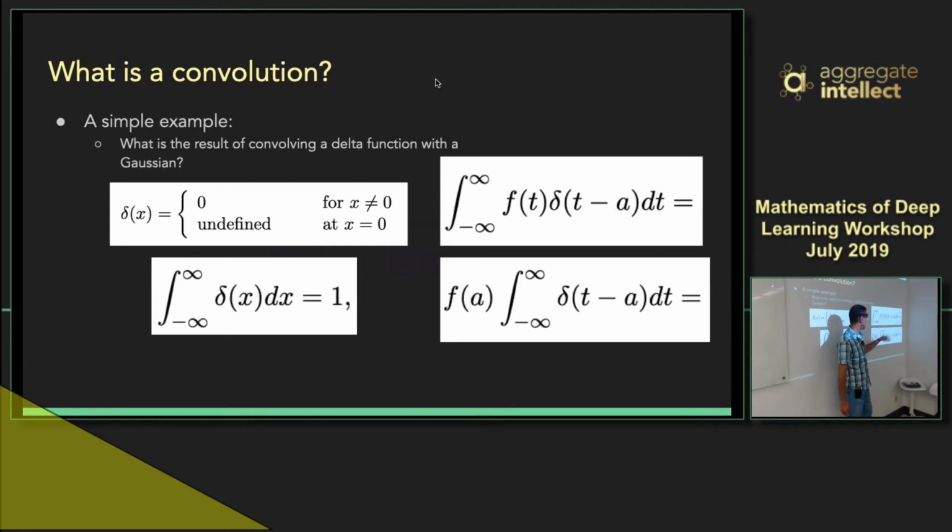That's 1, right? So that gives me this function f at point a. Now I start shifting it to different values. a goes from minus infinity to plus infinity, and that tells me that the result of convolving any function with the delta function is that function itself.